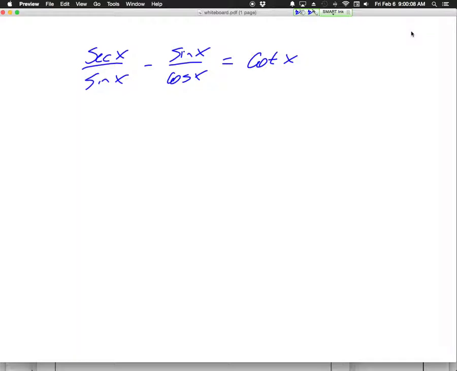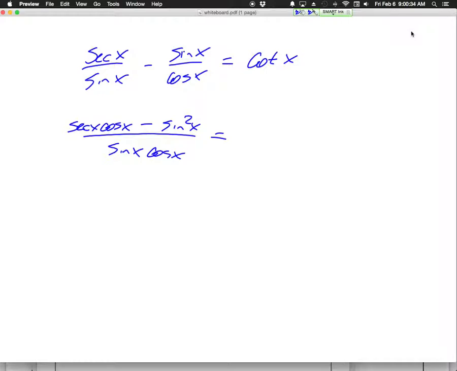Common denominator. So I need to multiply the left fraction by cosine and the right fraction by sine. So I have secant x times cosine x minus sine squared x over sine x times cosine x.